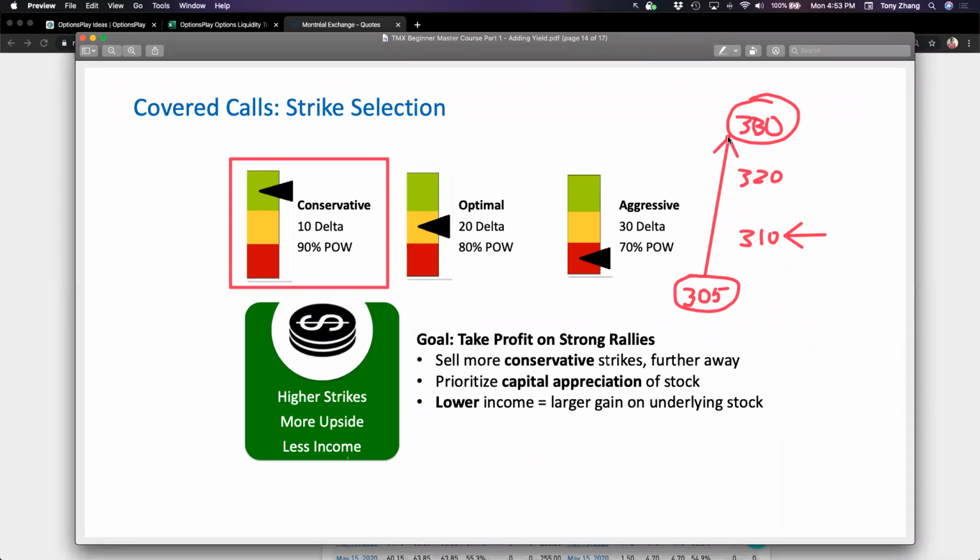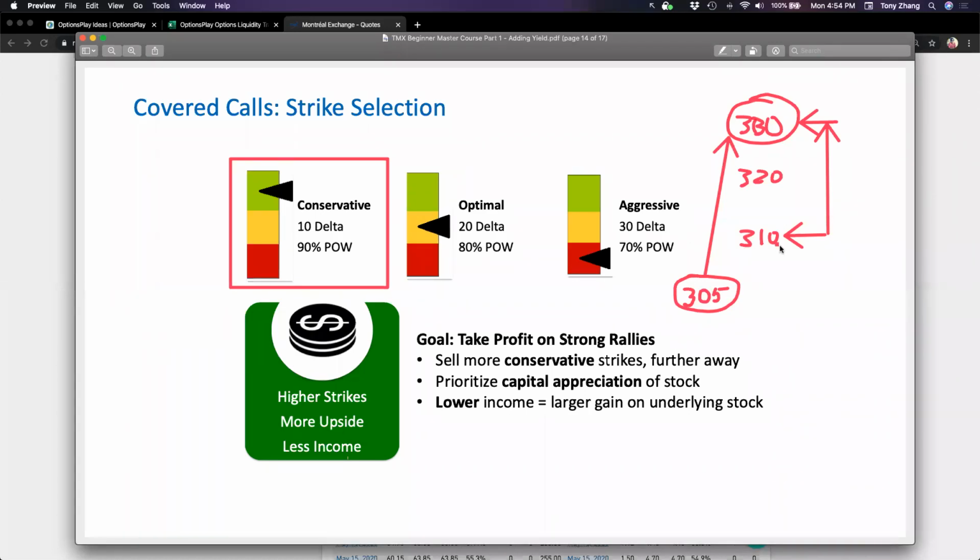The only way you're going to be compensated for that risk is if you allow the stock to rally before you take profit. Yes, the 310 strikes will generate more income than the 330 strikes, but what you're giving up for it is $20 worth of potential upside. And when you choose the 310 strike, are you going to get $20 more in income? The answer is no.